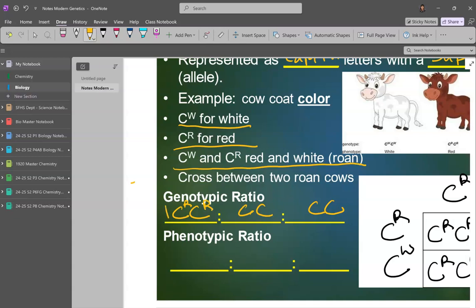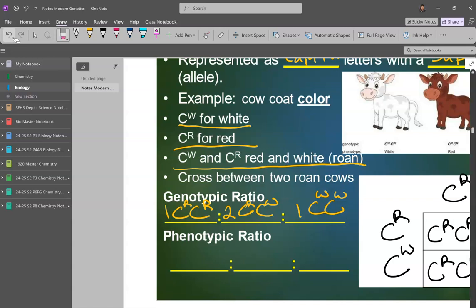The heterozygous one is going to go in the middle, so I have two that are RW, and then I have one that is WW. So again, the one that's heterozygous will go in the middle. The one that is homozygous and first in the alphabet will go first. And the other one that is homozygous and at the end of the alphabet will go last.